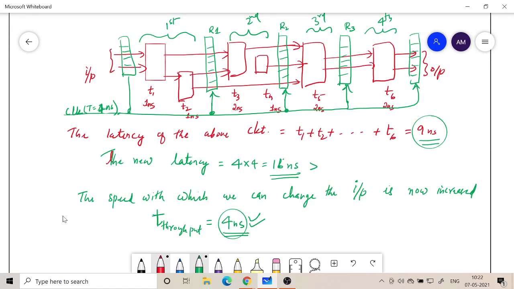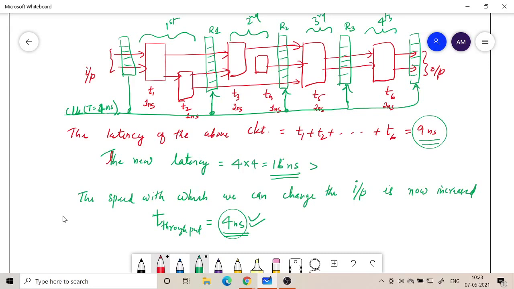it is taking 60 nanoseconds. But because of the pipelining, if you consider the process, we give some input at some time t, and then after one clock cycle we give the new input, and then after one more clock cycle we give the third input and fourth input.